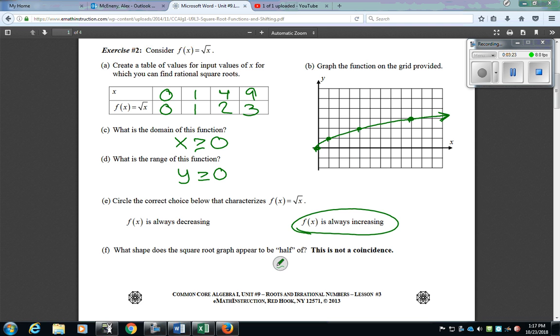You might notice that this shape is half of what? It's half of the parabola or quadratic function. Because again, quadratics have the square in them. So that's the relationship. A square and a square root are opposites of each other. That's why this graph looks similar to that one. They are inverses.